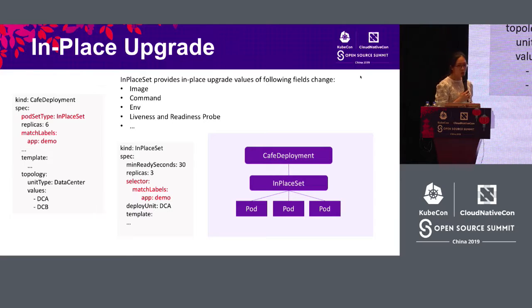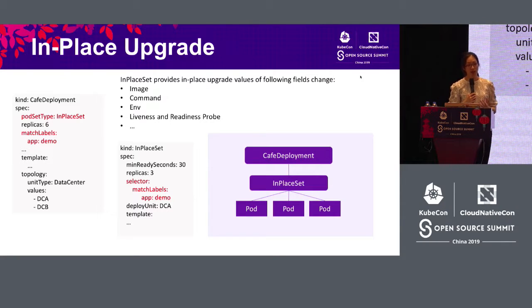Next is the structure of a cafe deployment, and it is the same as a Kubernetes deployment. It has three layers. The middle layer is the in-place set. In-place set is a replica set which supports in-place upgrade, and it maintains the number of pods, and cafe deployment will not have a direct interaction with the pod.